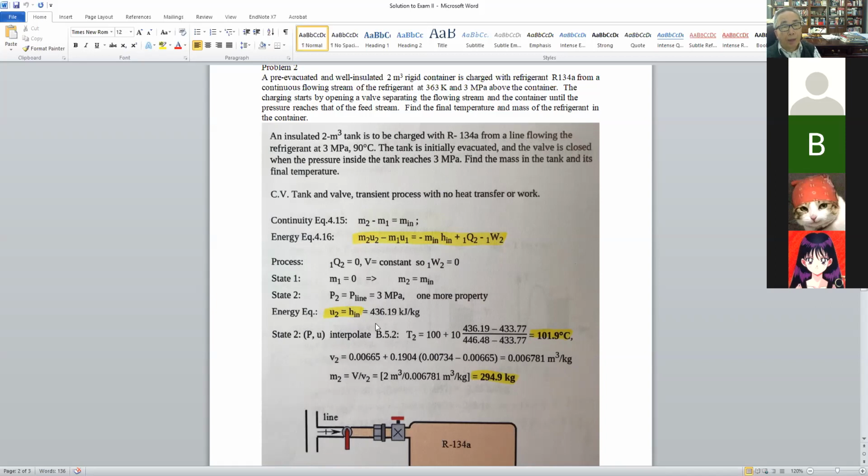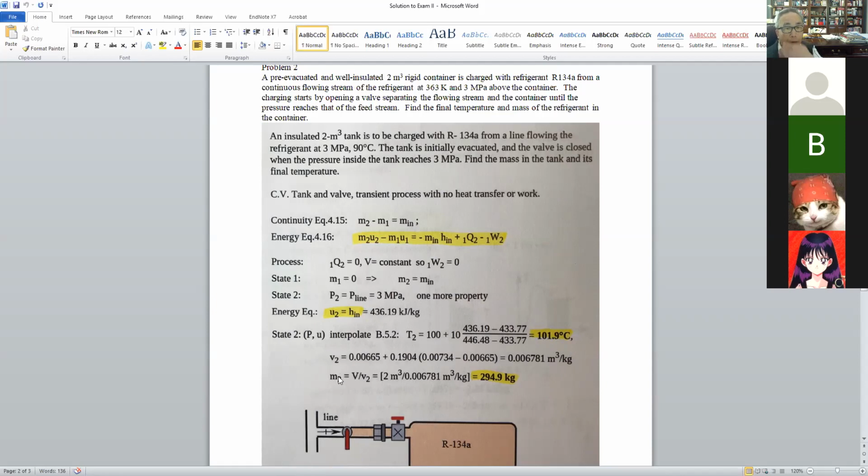If you get this equation, you get 50% of the points. This is my grading policy. Then what you need to do is find the property from the property table for the refrigerant. Linear interpolation will be used. And this is reasonable because this temperature is higher than the fluid in the delivery line.